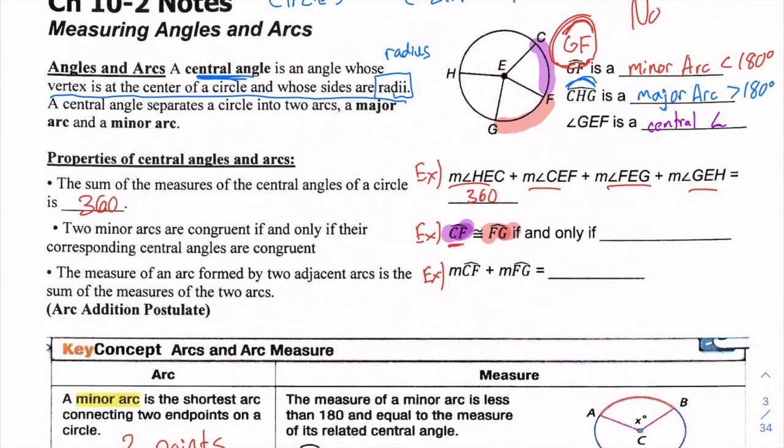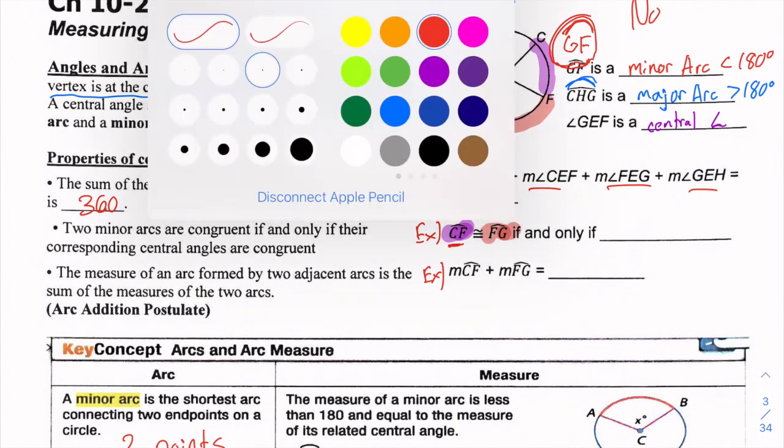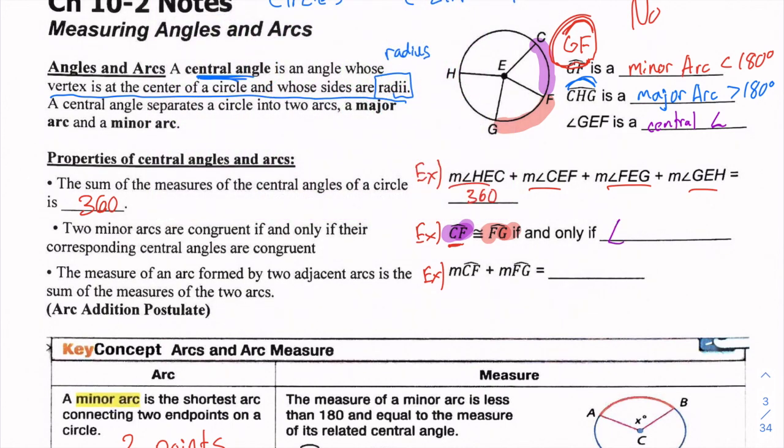These two can only be congruent if angle CEF is congruent to angle FEG. So again, the central angle and the arc length correspond to each other.